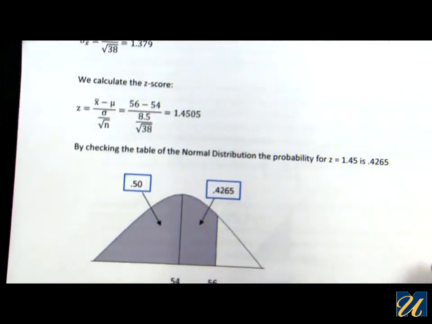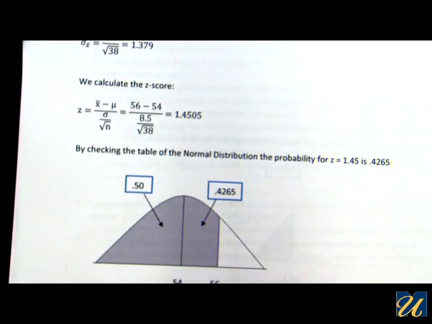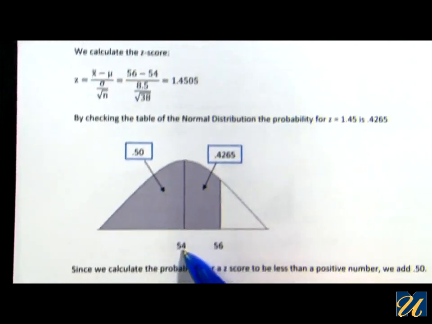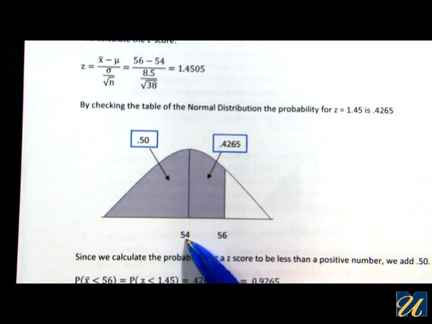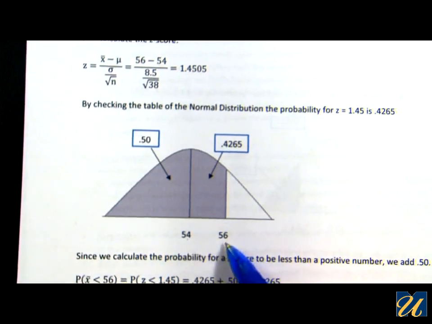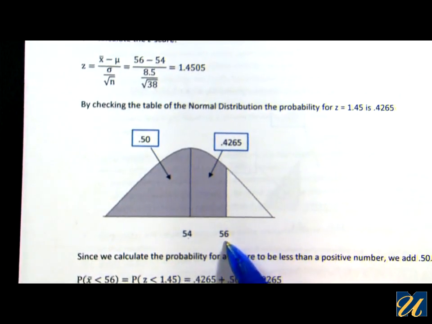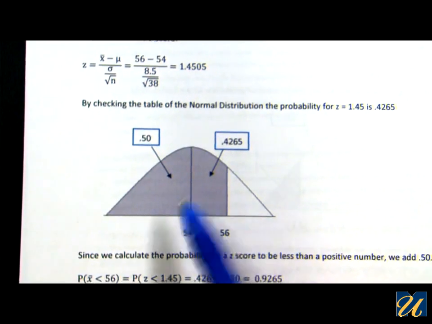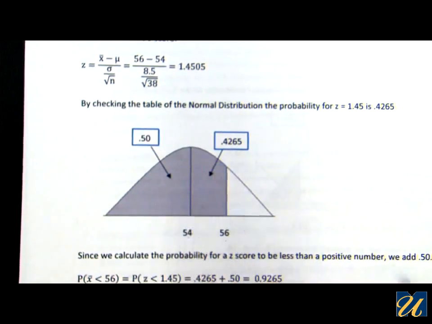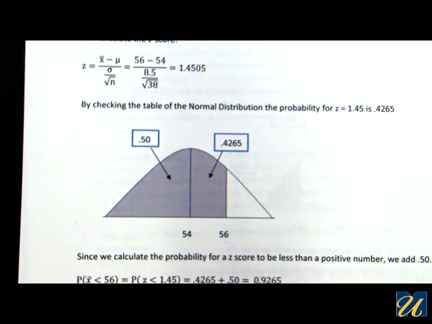So, normal distribution with mu x bar equal to mu, which is 54. 56 is to the right. I'm looking for the probability of x bar to be less than 56. That means I'm looking for the whole area to the left of 56.